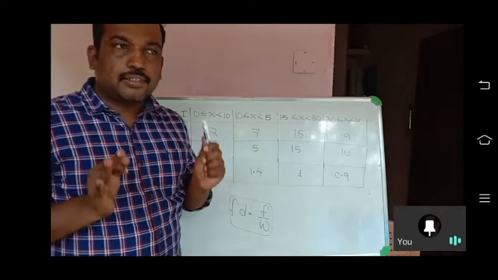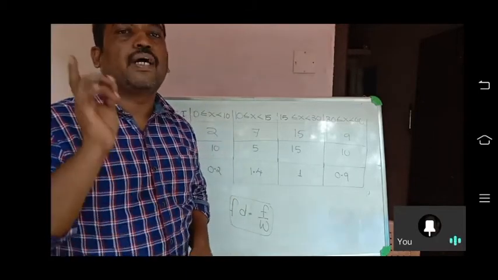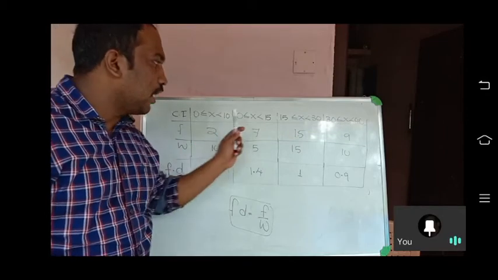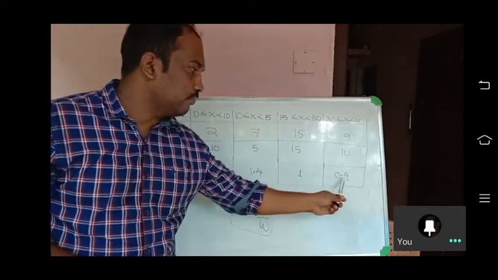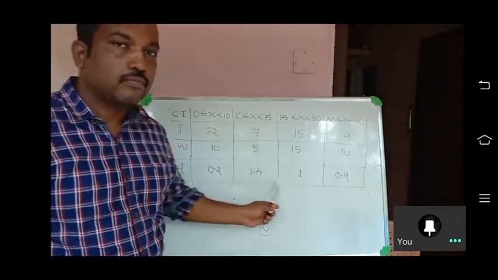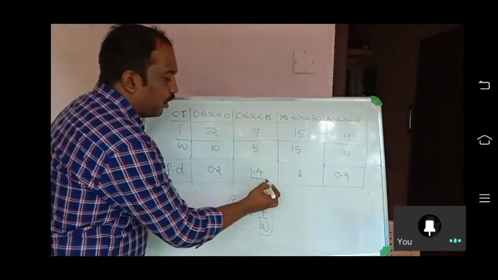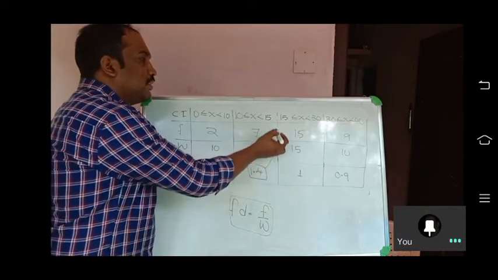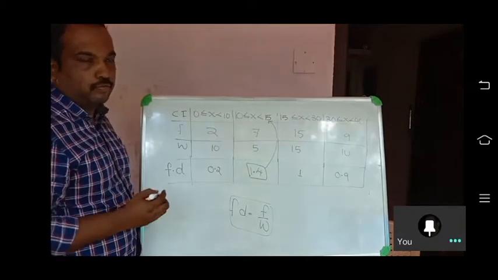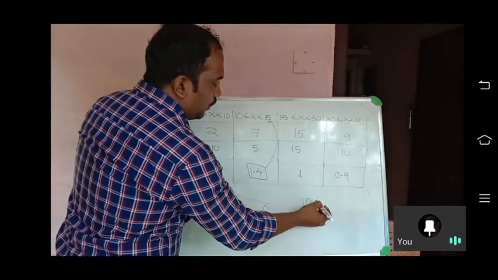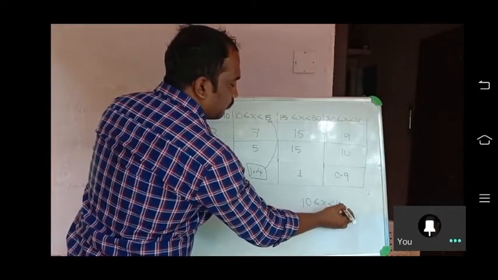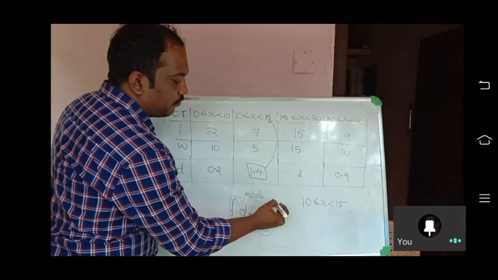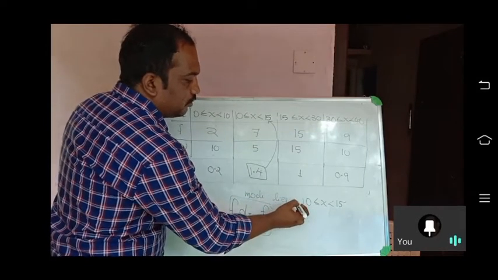So when the classes are unequal, to find the mode we need frequency density. 1.4 is the highest frequency density. Its corresponding class interval is 10 to 15. So we can say the mode lies in 10 to 15 here.